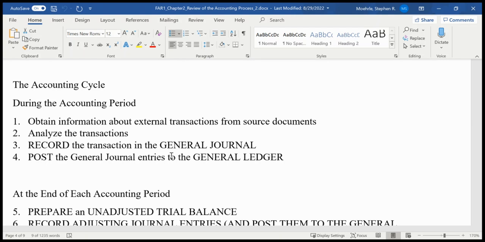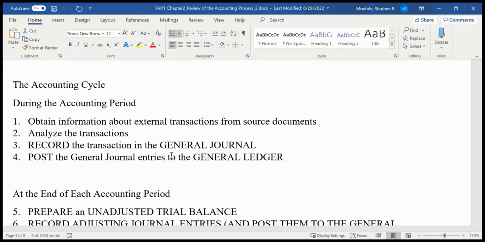During the accounting period, the accounting department obtains information about external transactions from source documents, things like sales invoices, expense documents like invoices that were being charged for our expenses. We analyze these transactions. We then record the transaction in the general journal.